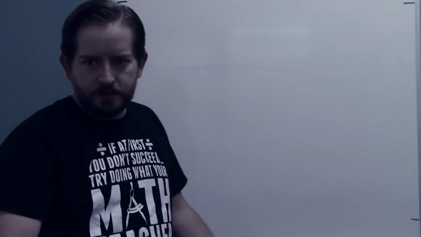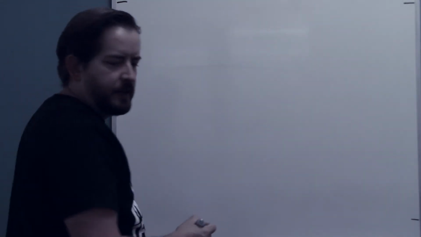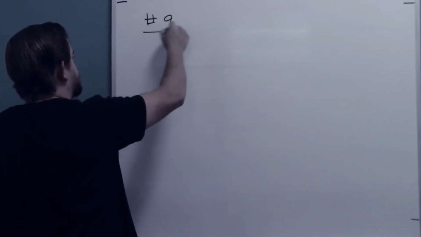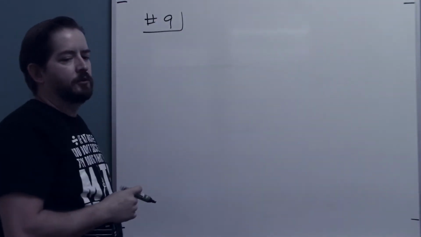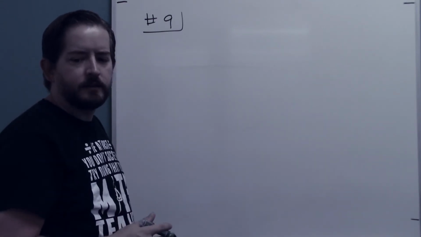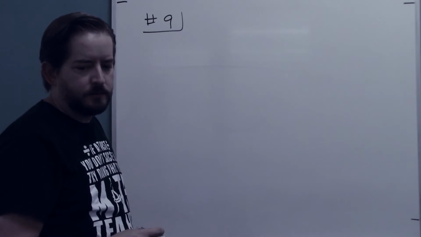All right, the other one that I was asked to look at was number 9. A lot of what we do is to make life simpler and avoid fractions, and you cannot really do that here. They're right there from the get-go, right?